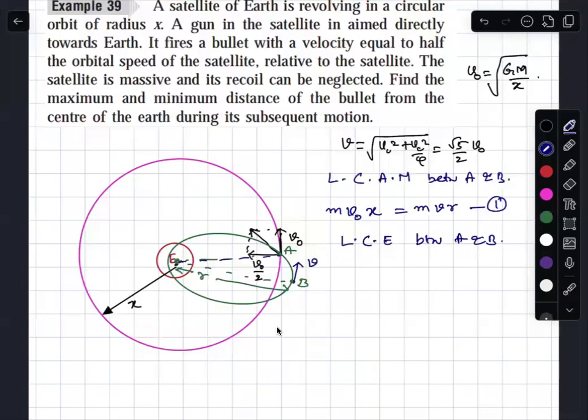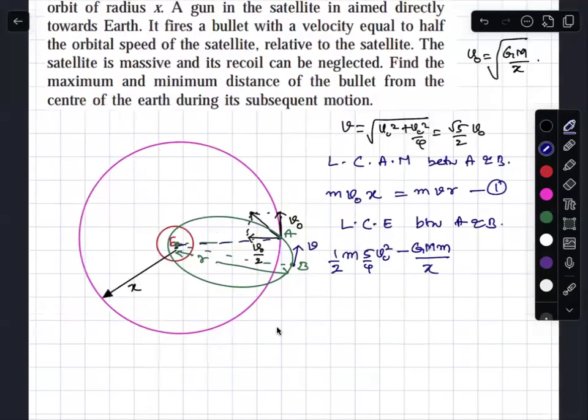So after firing, half m times 5/4 v naught square minus G capital M small m by x is equal to half m v square minus G capital M small m by r. So the entire thing is equation 2.